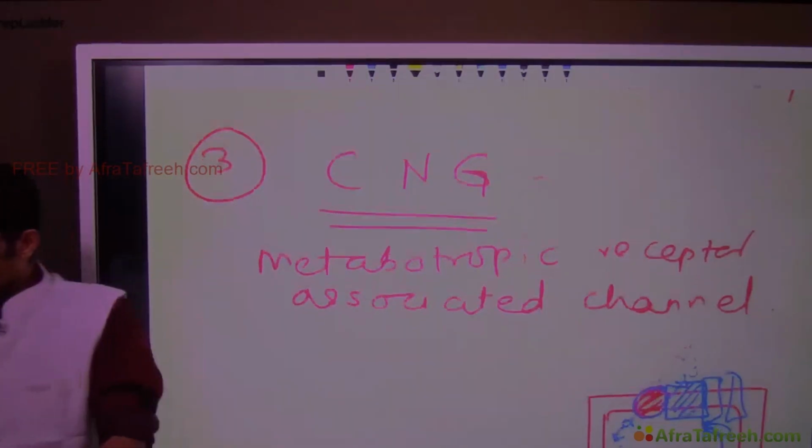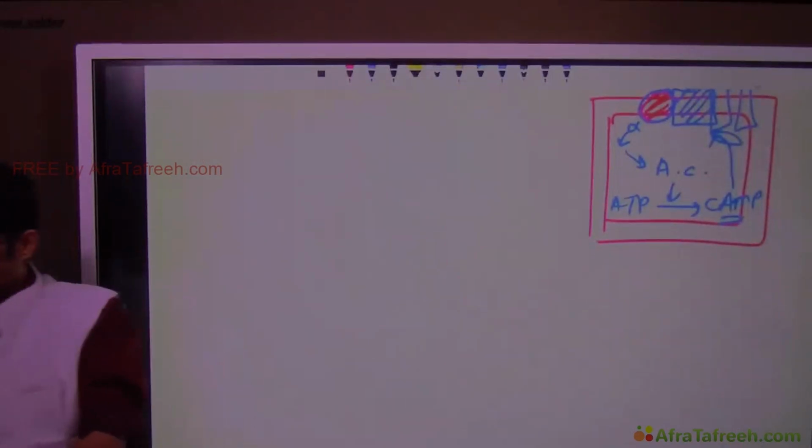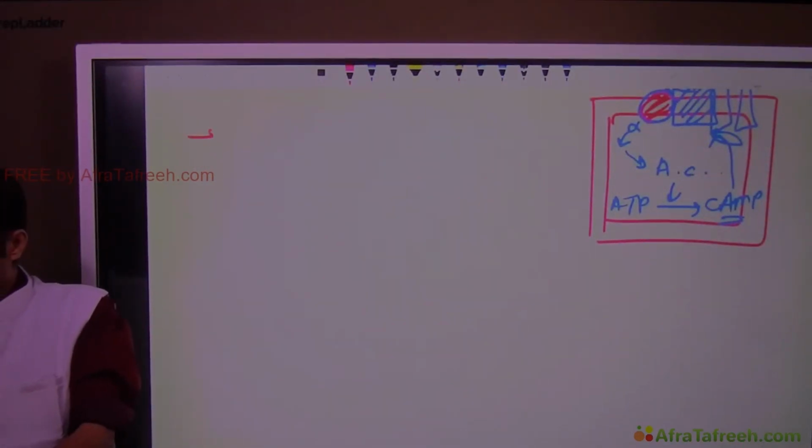What are the examples? Well, some examples we've already seen. GABA subtype B, muscarinic acetylcholine receptor.